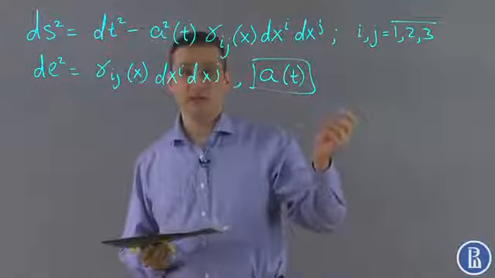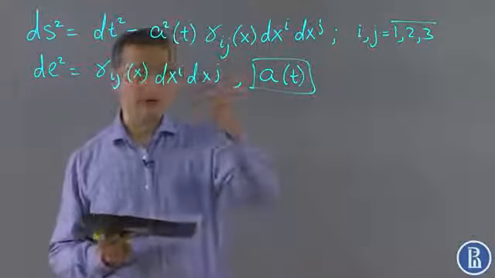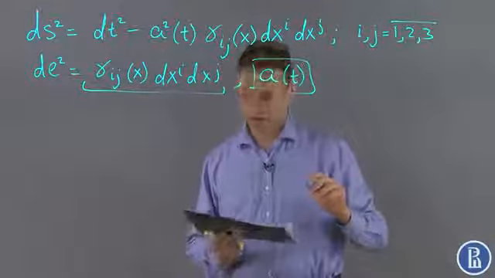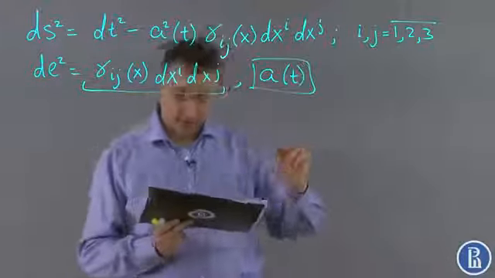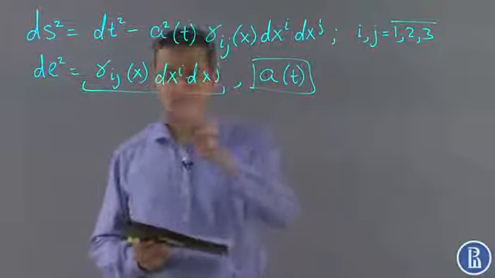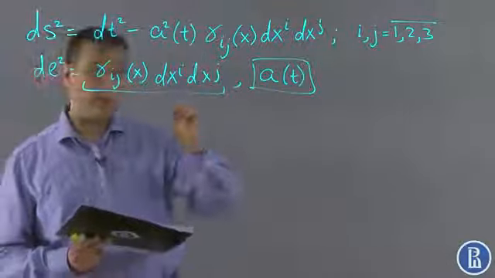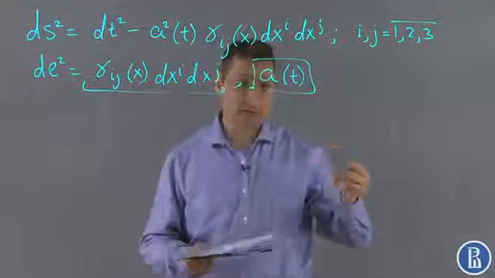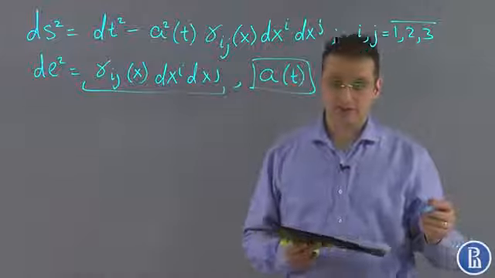Because of the homogeneity of spatial sections, all points in this space, and all directions from every point in this space should be equivalent. That is the idea of homogeneity.